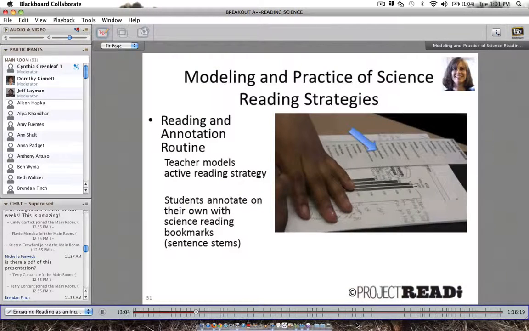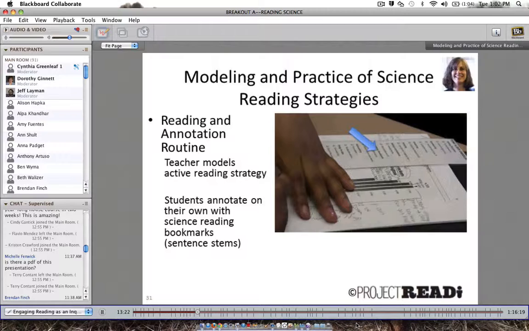Next slide. During the unit, key reading routines support explicit modeling and metacognitive work to grapple with the text complexity. The teacher might first model a couple of reading strategies with the text. Here, a graph called MRSA skyrockets.